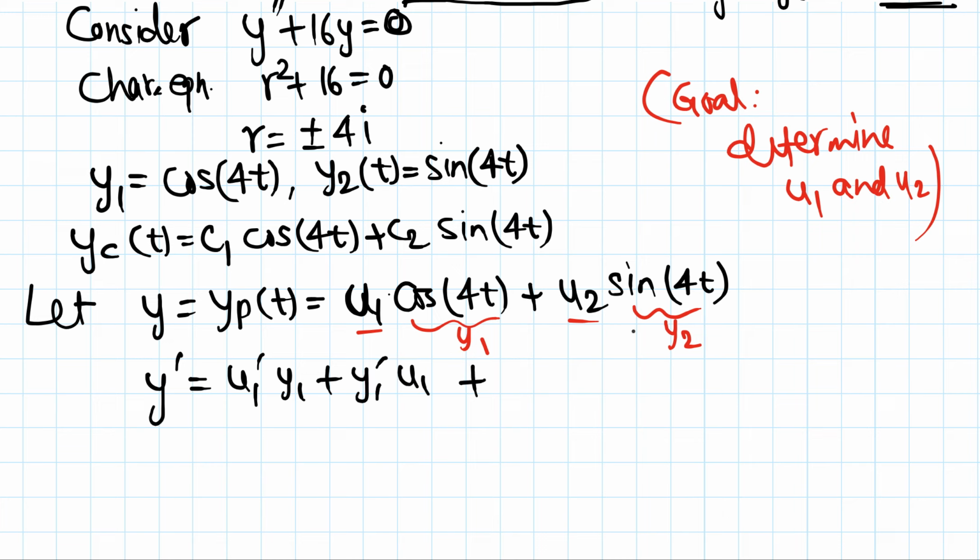Same thing here, it's a product, so from the product rule, derivative of the first factor times the second, plus derivative of the second factor and the first, which is just u2.